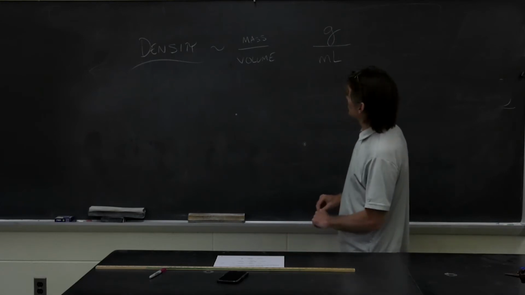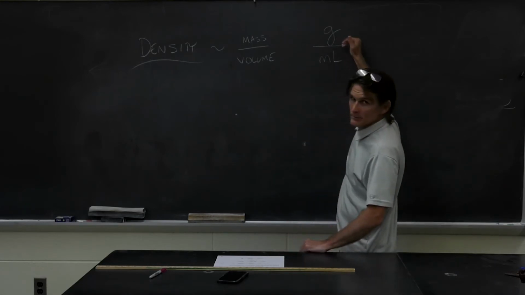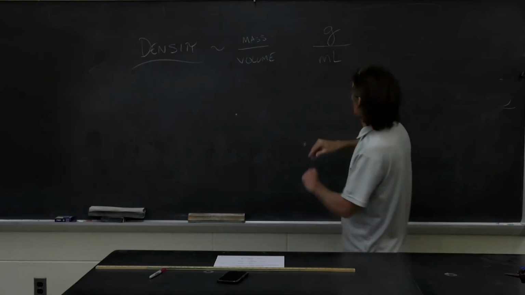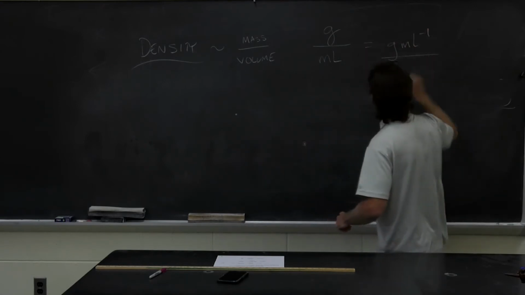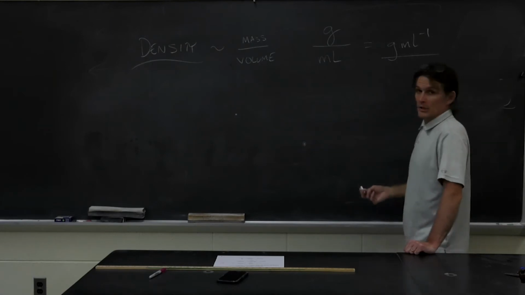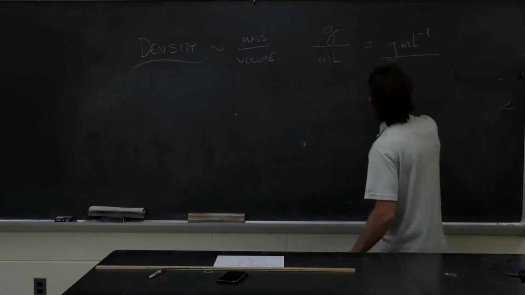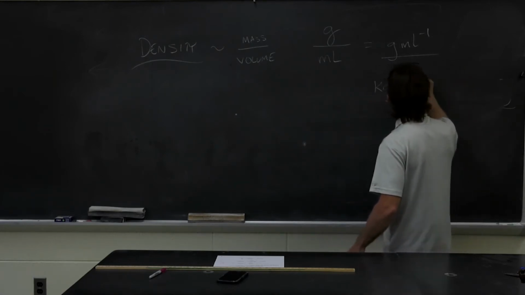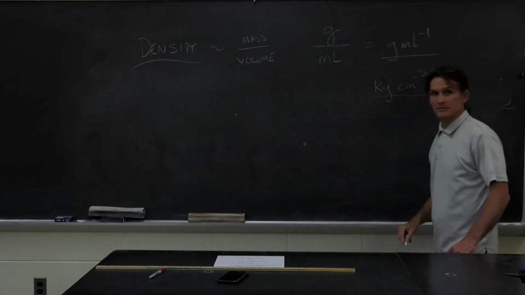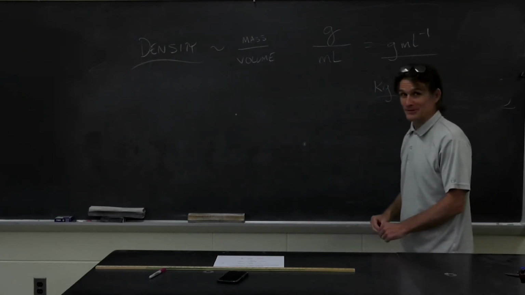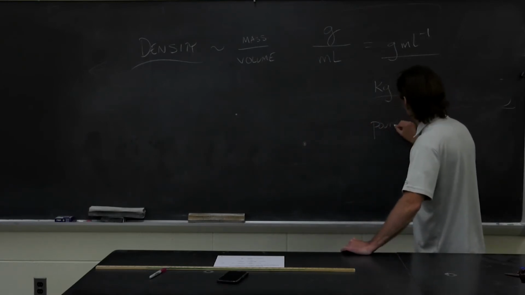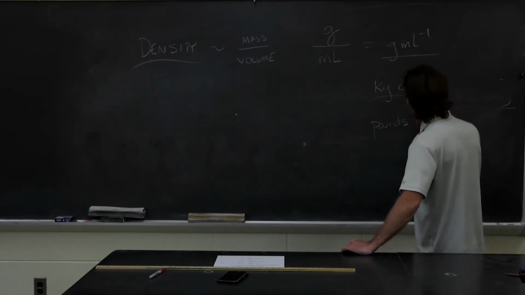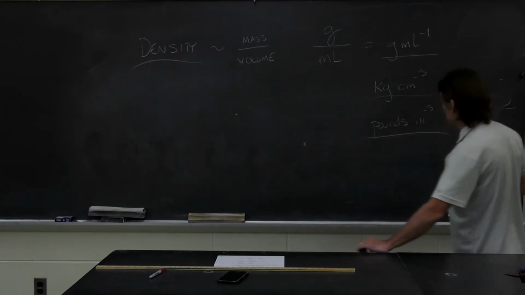So an appropriate unit for density is gram per milliliter, which I could also write like this. And you'll see this. It could be kilogram per centimeter cubed. It could be pounds per inches cubed. Pounds is a unit of mass. Could be written like that.